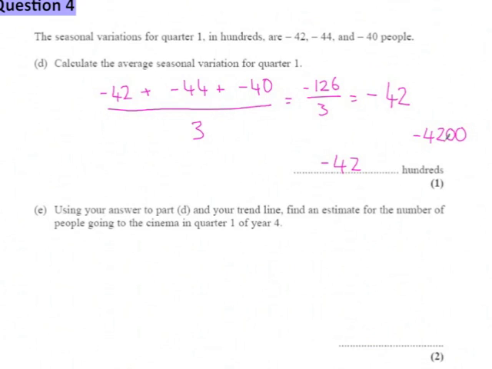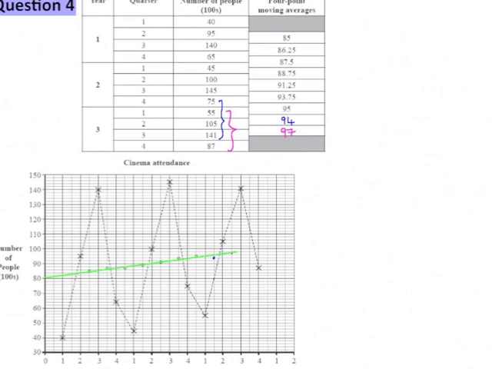Okay, we're then asked, using our answer to the part below and our trend line, find an estimate for the number of people going to the cinema in quarter one of year 4. So let's take a look at our trend line on the previous page. We're going to extend our line here. Our trend line is not long enough. It does not go to year 4, quarter 1.